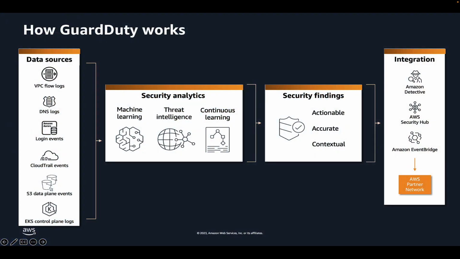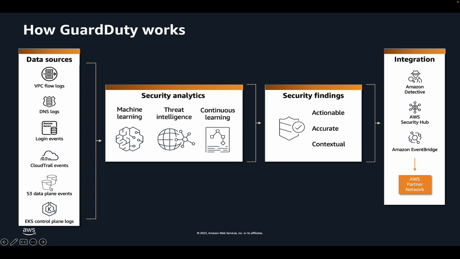To get started, if you're not familiar, Amazon GuardDuty is a security monitoring service that analyzes and processes foundational data sources such as AWS CloudTrail management events, AWS CloudTrail event logs, VPC flow logs, and DNS logs. It also processes features such as Kubernetes audit logs, RDS login activity, S3 logs, EBS volumes, runtime monitoring, and Lambda network activity logs.